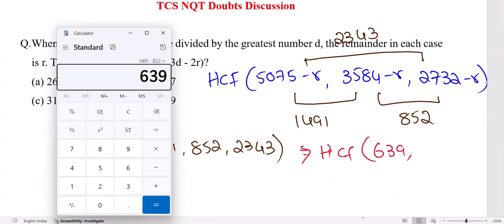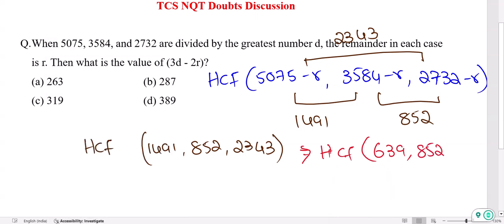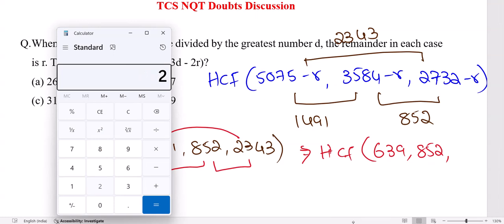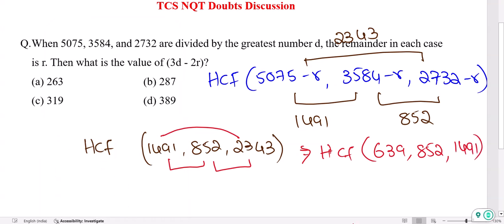The other one, 2343 minus 1491 is 852. And the difference between these two, 2343 minus 852 is 1491. So again and again we are getting the same numbers.